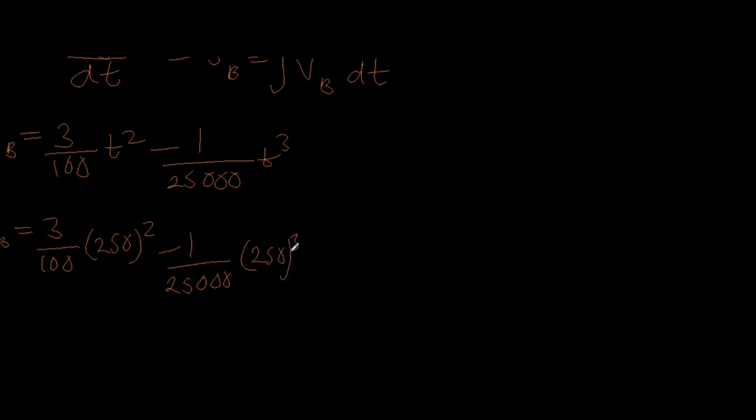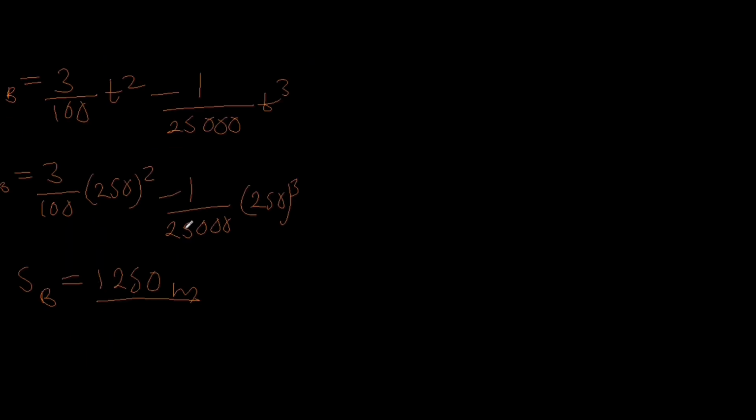If I do that, I get my distance as 1,250 meters. What does that tell me? It tells me that when the tractor has reached its maximum velocity at t equals 250, it would have traveled 1,250 meters. So this is the distance that the tractor has covered.